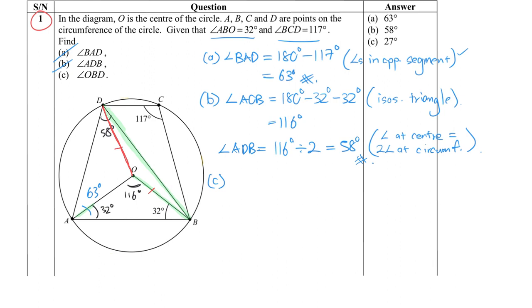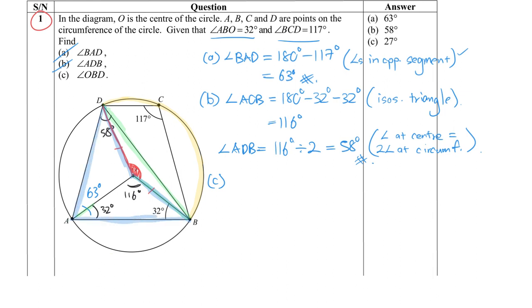Okay, and by doing that, actually I can find this angle BOD first, because BOD will be linked with, let me use another color, maybe a blue. BOD goes to arc BD, and it also goes to here.